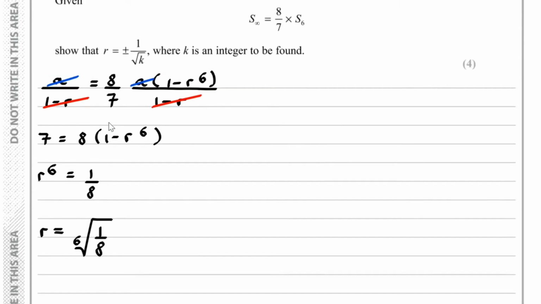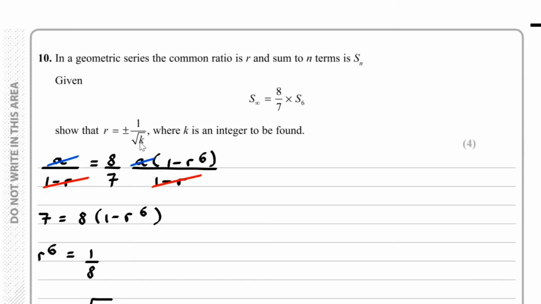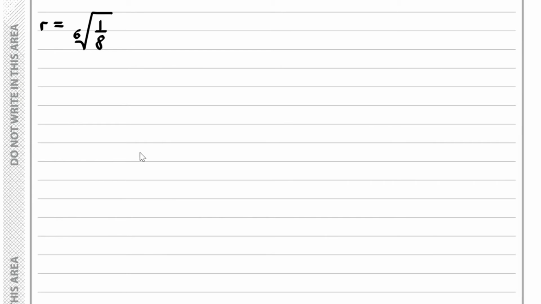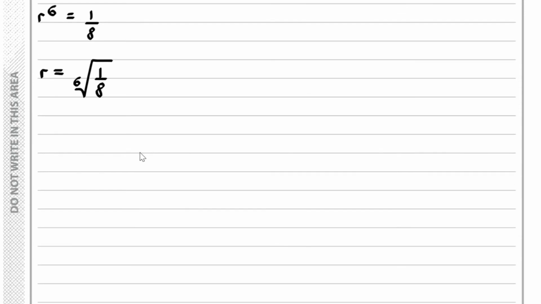Now, if I take a look at the question, here I've got the square root, not the 6th root, so we need to adapt. So what this is the same as is taking 1/8 and raising this to the power of 1 over 6. So, we need to simplify this and somehow get square roots.